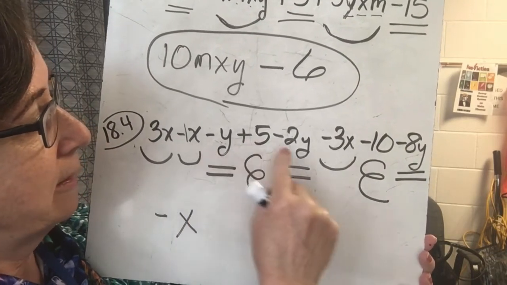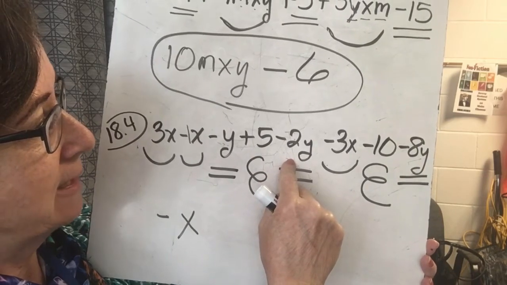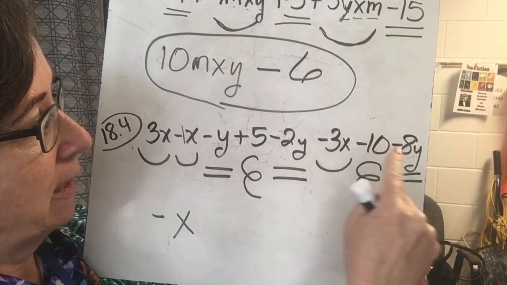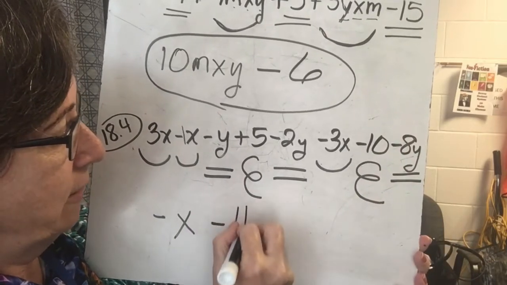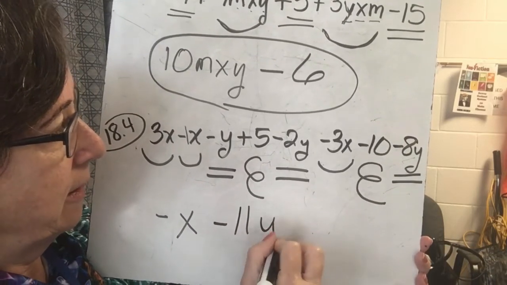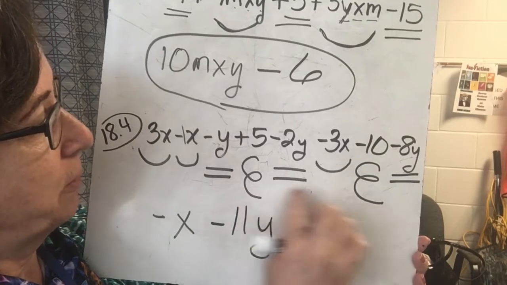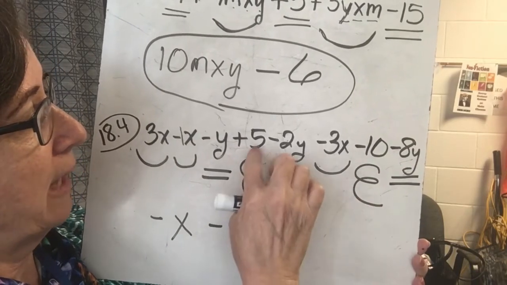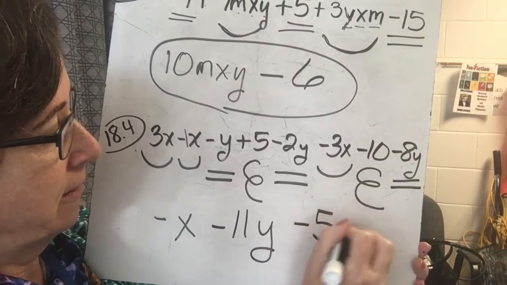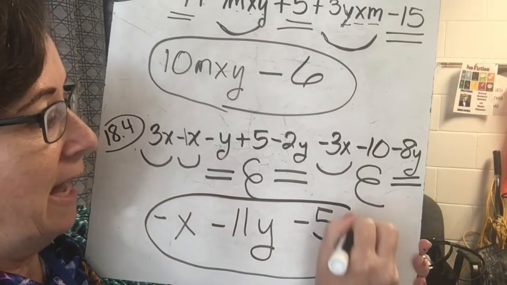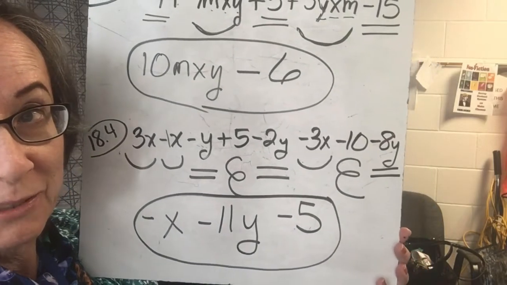Negative y, negative 2y is negative 3y, minus 8y is negative 11y. And lastly, we're going to put our little curlicues together. 5 and a negative 10 is a negative 5. And we have added all of our like terms.